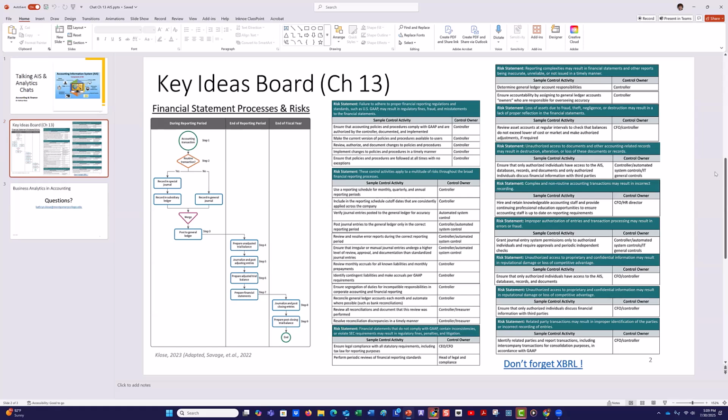That policies and accounting procedures are known to everyone in the organization, right? Helps the company follow documents, makes sure things are implemented in a timely manner, makes sure the books are closed, makes sure that these red flags are addressed. That's typically a controller.